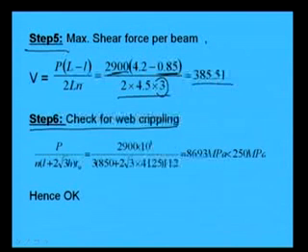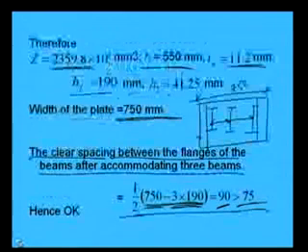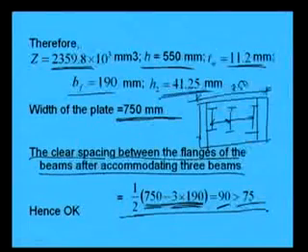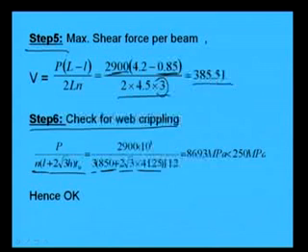Now, we will go to step 6, where we check for web crippling, right. For web crippling we will check this formula. We know sigma p cal will be P by n into L plus 2 root 3 h into TW. So 2900 into 10 cube by 3 into L is 850 plus 2 root 3 into h was 41.25, that was given earlier, into 11.2, that is TW, thickness of the web, right.